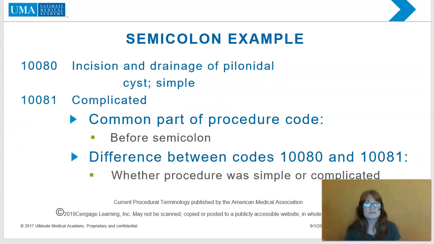For example, we have these two codes: incision and drainage of pilonidal cyst, simple, and then we have just complicated. The common part of the procedure code will always be before the semicolon. So technically, when you see code 10081 and you're putting that on a claim form, it's not just saying complicated. It's indicating that this was an incision and drainage of a pilonidal cyst, complicated.